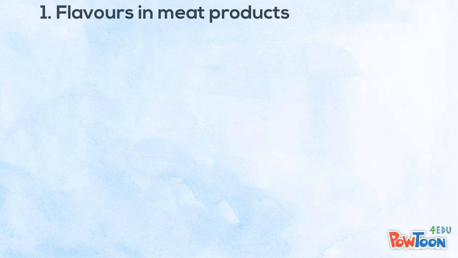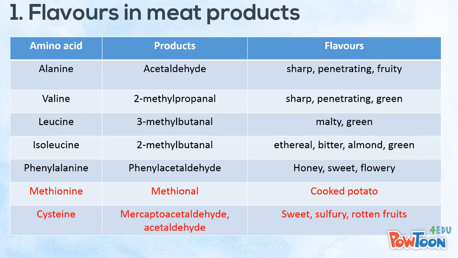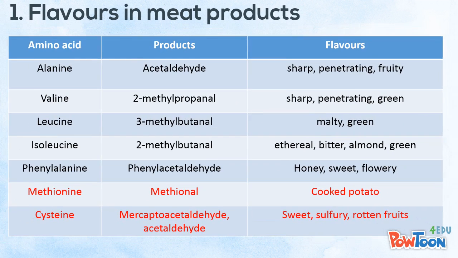Common amino acids are alanine, valine, leucine, isoleucine, phenylalanine, methionine, and cysteine, which form respective products including acetaldehyde, 2-methylpropanal, 3-methylbutanal, 2-methylbutanal, phenylacetaldehyde, methional, and mercaptoacetaldehyde with different aromas.